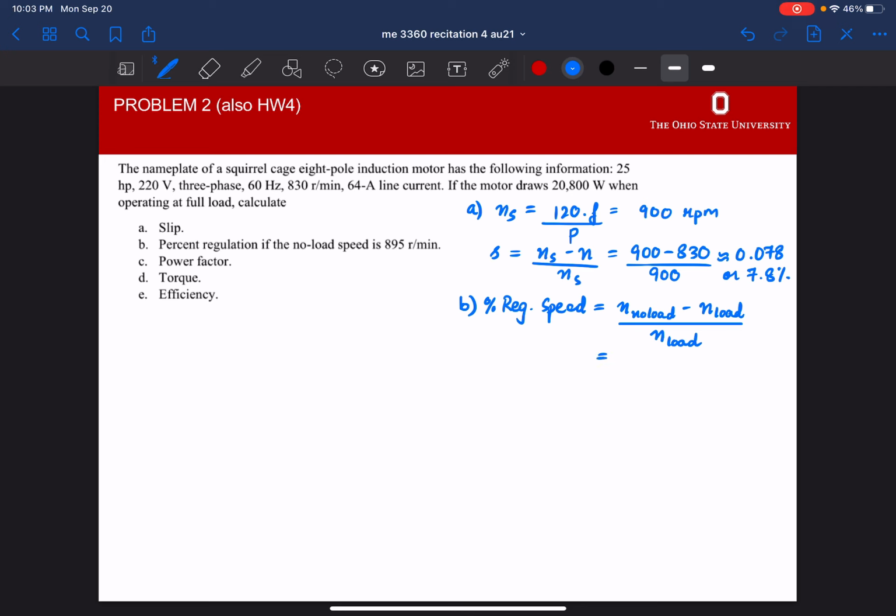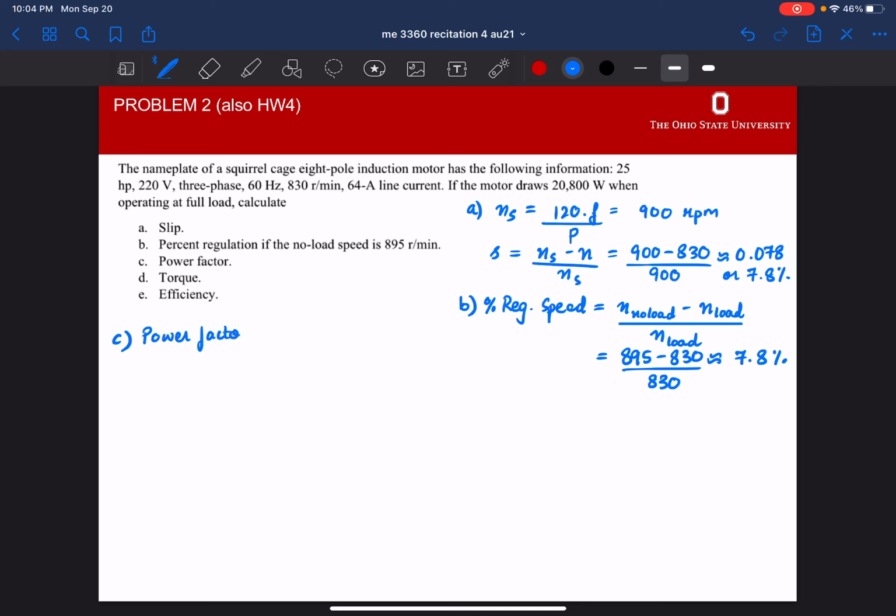So for our case here, based on all the numbers that have been given to us, it would be 895 minus 830 divided by 830. And when you plug in these numbers for this part as well, you end up with an answer that is around 7.8%. Moving on to part C, power factor.